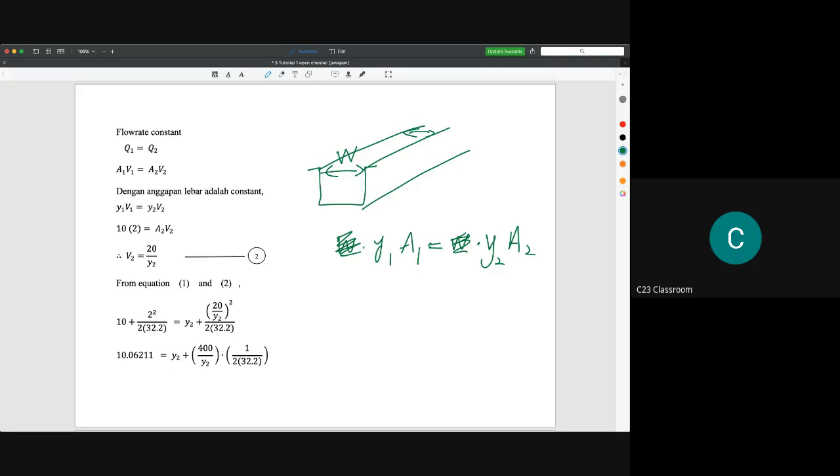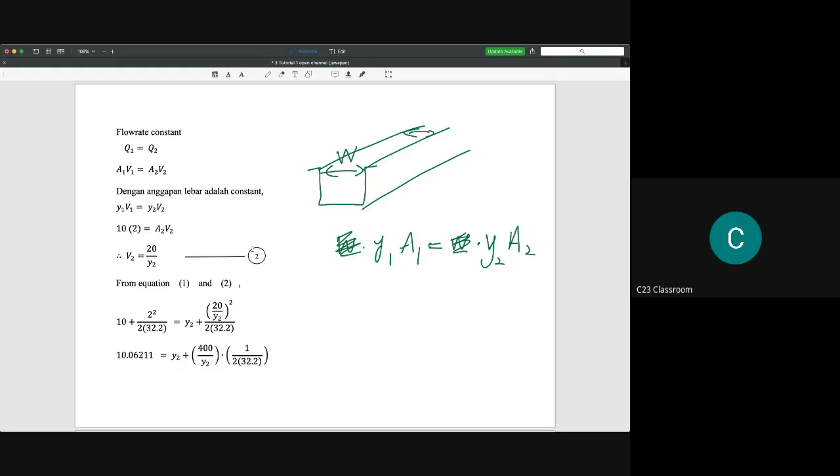So that's why in all this solution, the continuity equation is written as y1 v1 equal y2 v2, because we assume that the width here is constant. So we could eliminate the value. So we substitute the values, so it is 10 and 2 here. And then we rearrange this equation and label it as equation number 2.